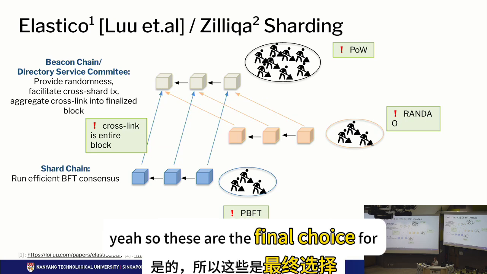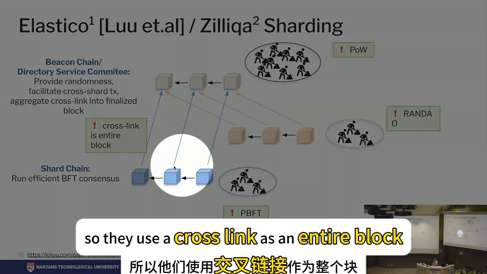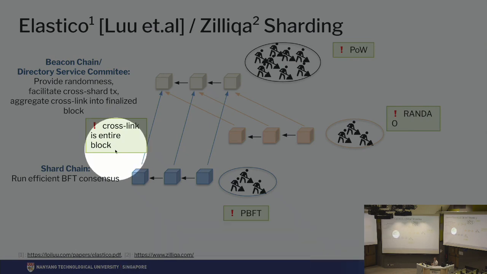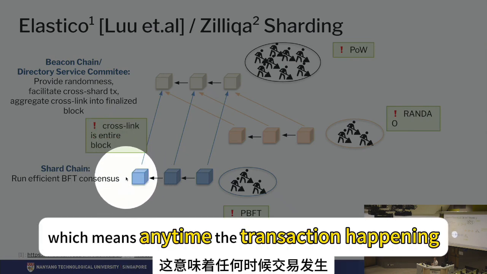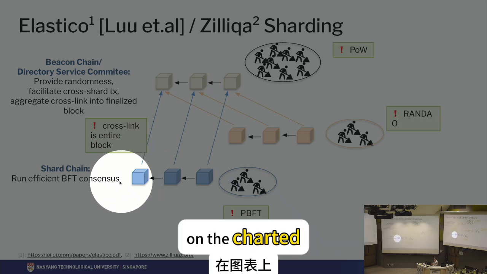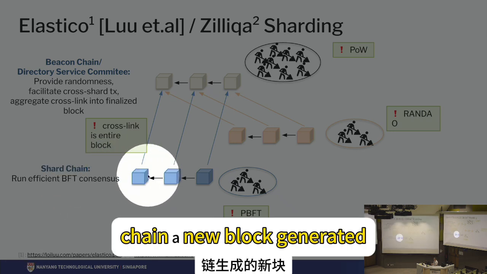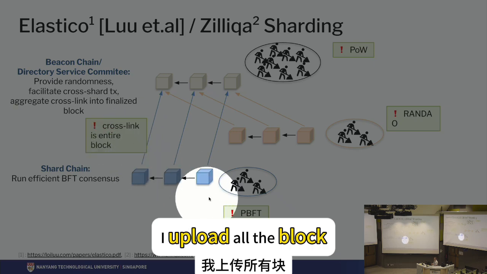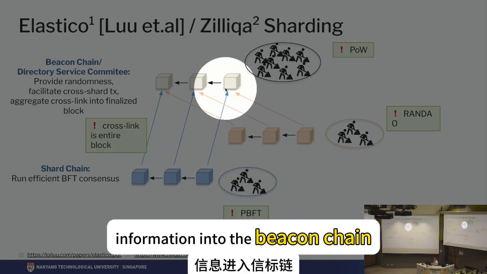So these are the final choices for Zilliqa. They use cross-link as an entire block. That's what they decided, which means anytime a transaction happens on the sharded chain, a new block is generated, and I upload all the block information into the beacon chain.